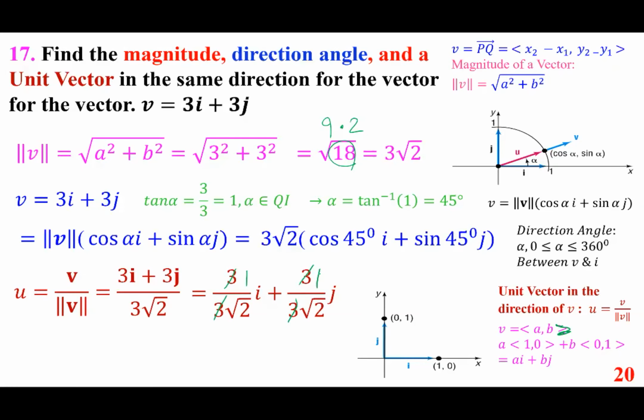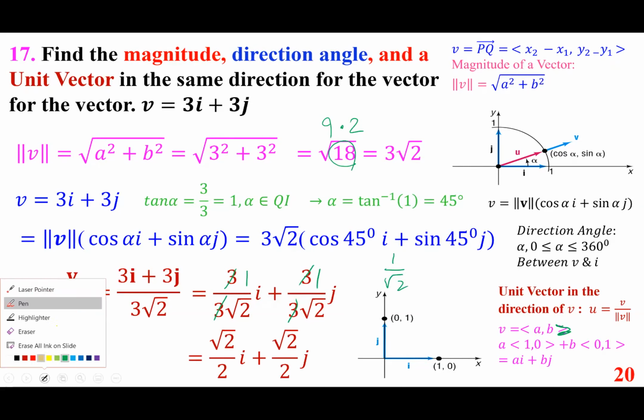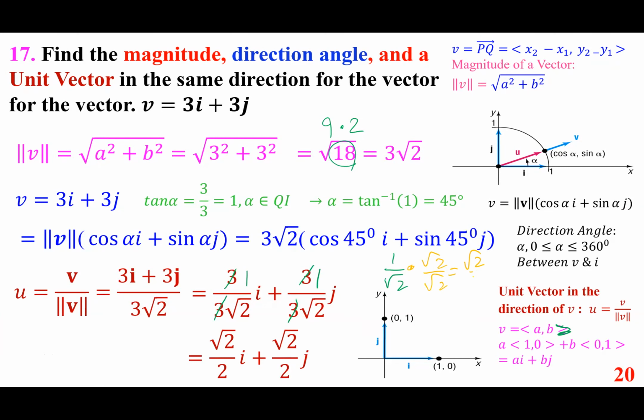Now, 1 over square root of 2, I hope you know it's square root of 2 over 2, or you can do the math. Let me just quickly show you 1 over square root of 2. If you multiply by square root of 2 over square root of 2, you get square root of 2 over 2. That's why you get to this answer. Needless to say, you can always check by raising this to the second power, raising this to the second power. They must add up to 1, and then their square root must be 1, and that proves that it's a unit vector.